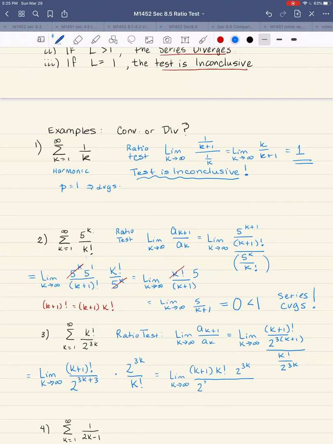Then I've got the 2 to the 3k from my flip and multiply step. Then I've got 2 to the 3k times 2 to the 3 times k factorial. And now let's cancel here and here. And so we are left with k plus 1 divided by 8.